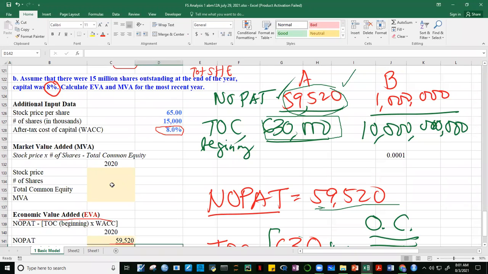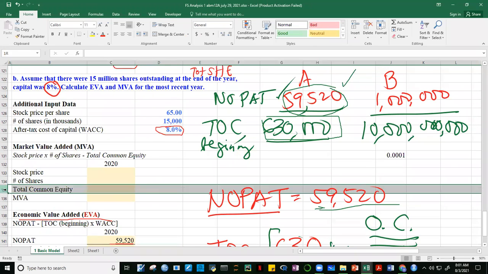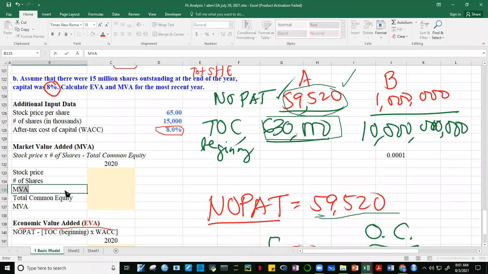Ito, ang tinitingnan natin dito, okay, let's add here. Maglagay tayo dito ng market capitalization. Okay. So first, we need to know the stock price. Ang current stock price daw is 65. Okay. Now, ilang shares yan? Okay, that's 15,000, or that's technically 15 million.